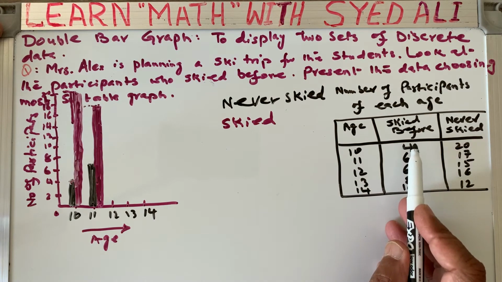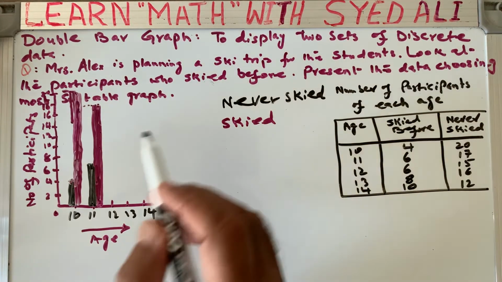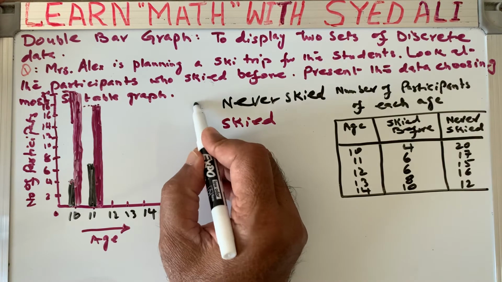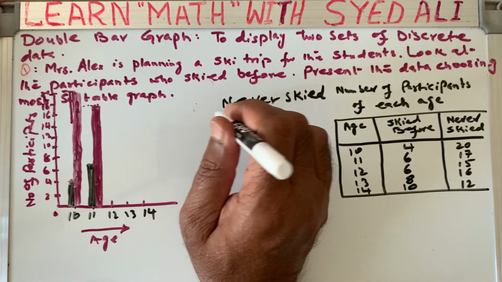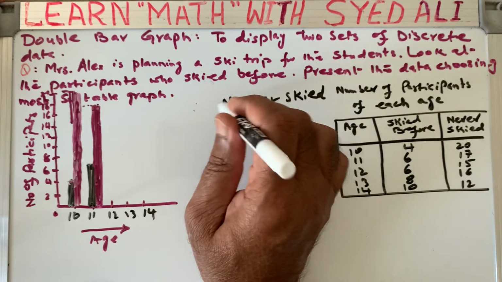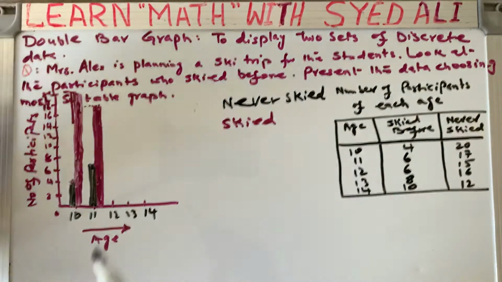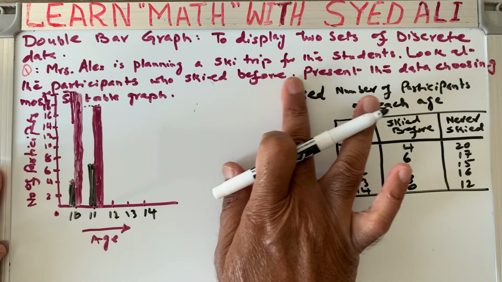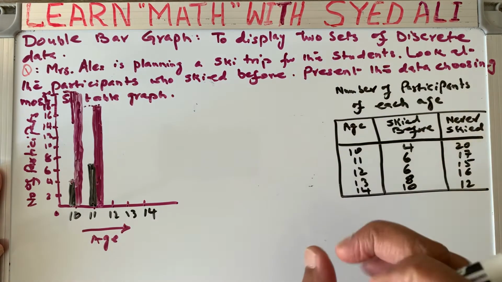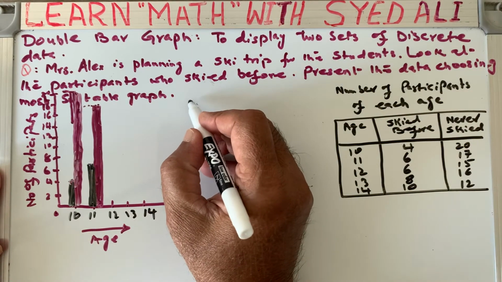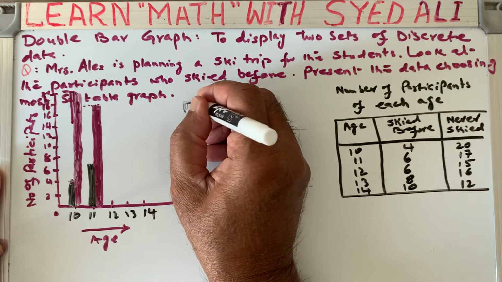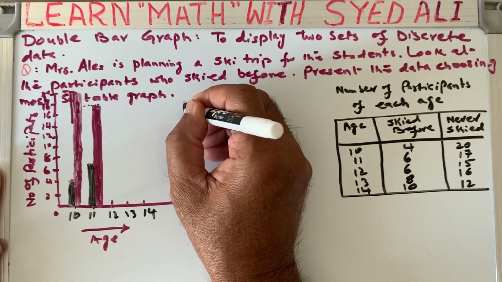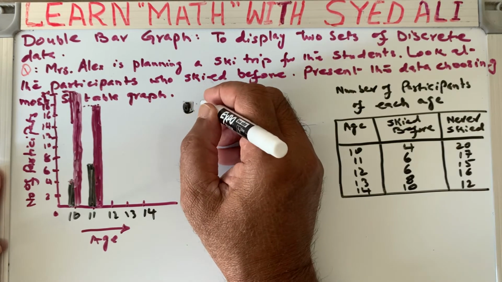Skied before is this, right? And never skied is this. So this is never skied. Skied before is 4, never skied is 20. So for skied before, what color do I have to choose? I have to stay consistent, because I started the bar graph. So I can say this one is black, and I draw black for skied before.